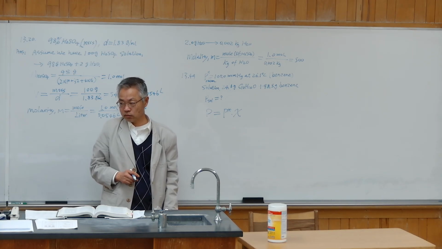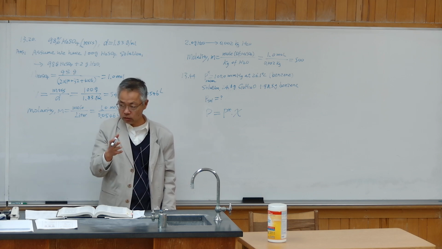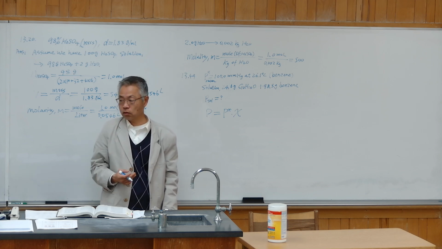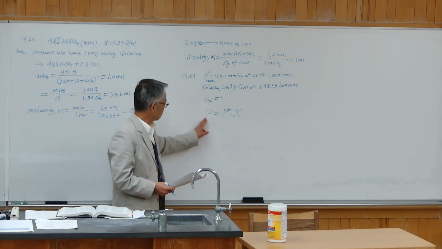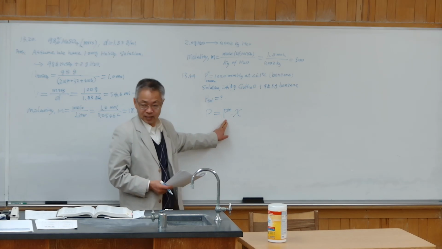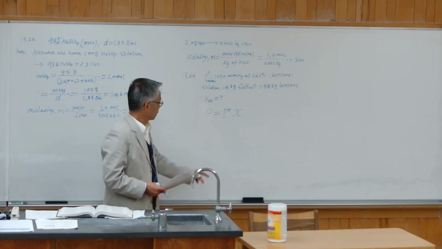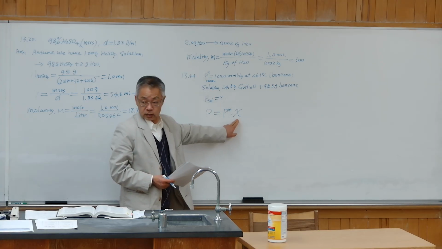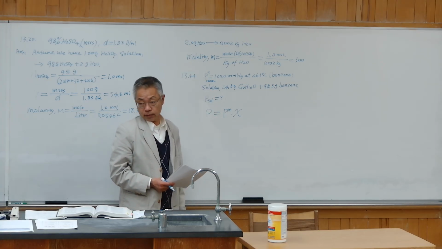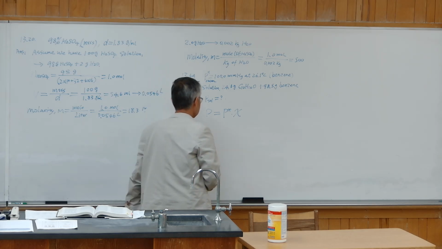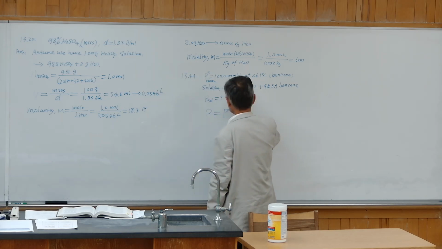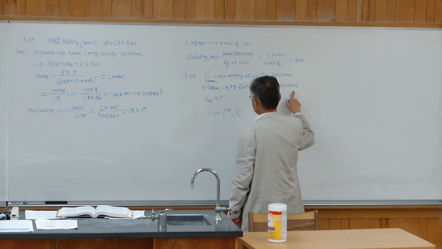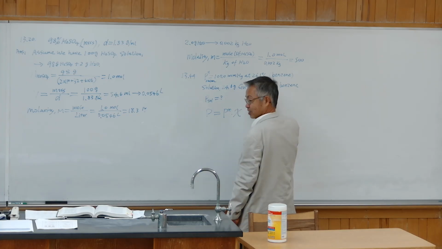When you dissolve some solute in solvent, it becomes a solution. Solvent mole fraction is always less than 1. Then this vapor pressure will always be smaller than the pure one. Since the solute is non-volatile, what we need is just the mole fraction of solvent, which is moles of solvent divided by total moles.